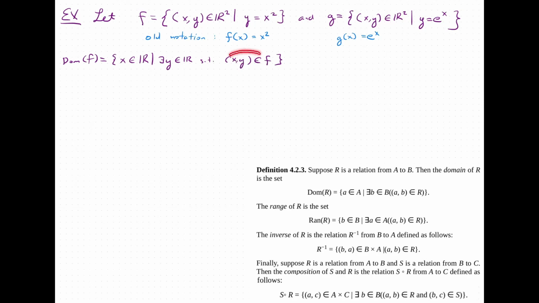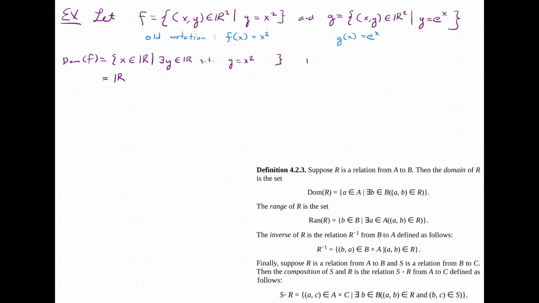But now to be (x, y) in f, we know that that just means y is equal to x squared. So I'm going to go ahead and erase this, and we have y is equal to x squared. Well, we know that for every input x, we will have some y value corresponding to it. So we can plug in any real number x in here. So the domain here is just simply the real numbers.